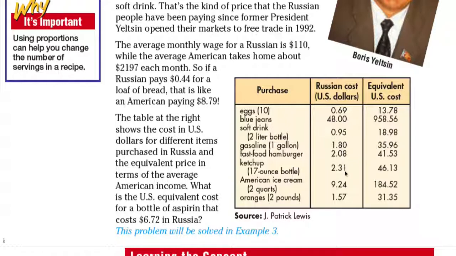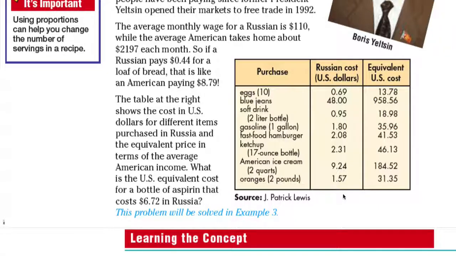And the list goes on. Look at this one: American ice cream, 2 quarts, in Russia is $9.24. The equivalent cost in US dollars is $184.52. That's a lot of money. If you're buying ice cream in Russia, that's a luxury. So again, count your blessings.